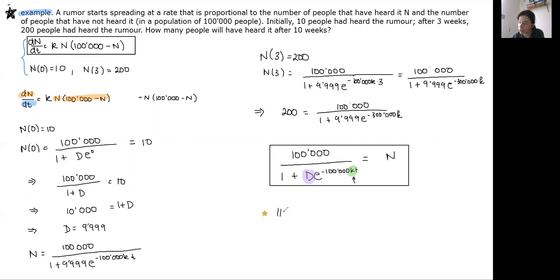And so for homework, you're going to finish this problem, which means two things. First, it means you're going to find the value of k. You're going to solve for k, which I think is important that you know how to do by doing some algebraic manipulation. So you're going to have to solve for that value of k based on this equation. And then you're going to have to find the value of n after 10 weeks. Is that clear for everybody? Do I have any questions about the steps that you need to follow?